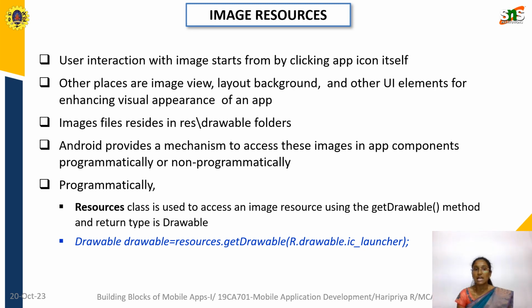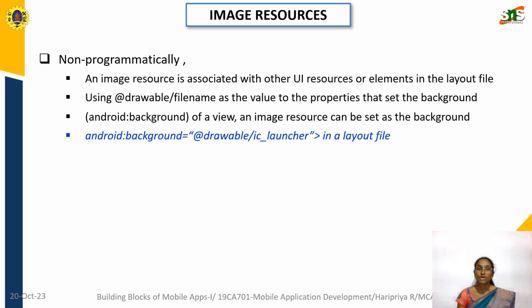These are the things that happen in the resources folder in our Android Studio. Then we create a background in the layout, android:background equal to, with an ID: @drawable is the ID of the background image, and ic_launcher in a layout file. These are the things in the image resource.